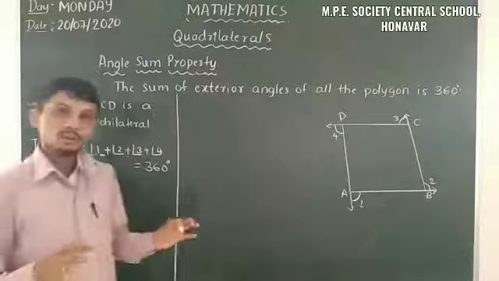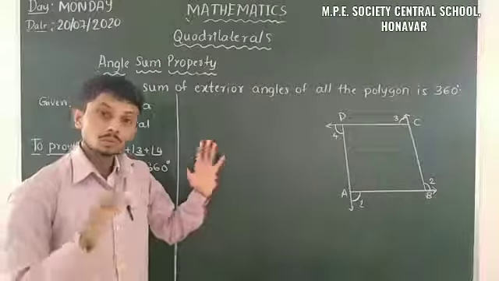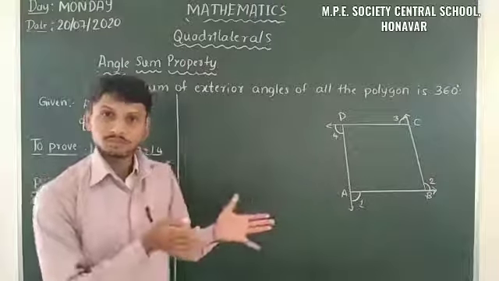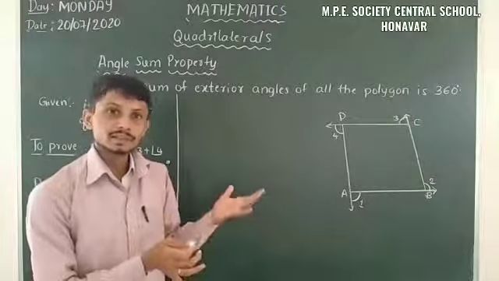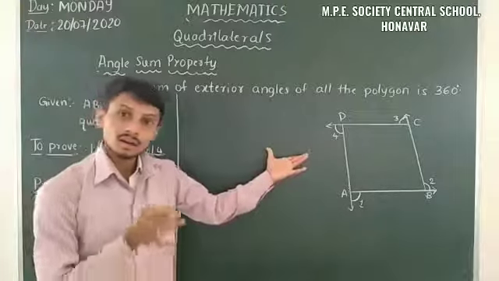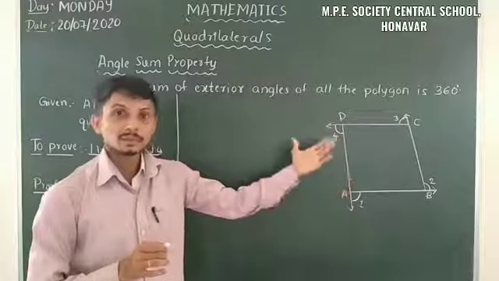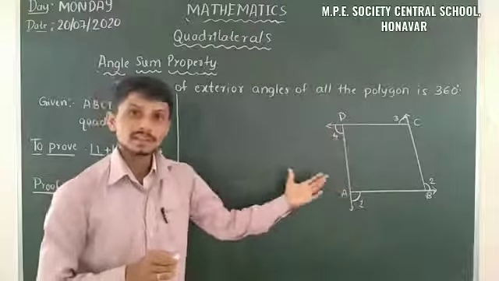I already told you that we prove any statement by the known terms. So what is the known thing here? The sum of the internal angles of a quadrilateral is 360 degree.